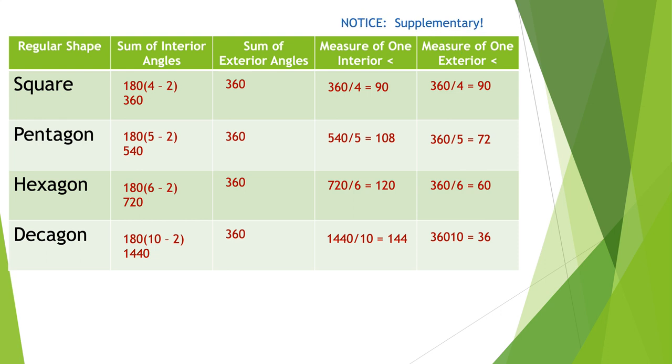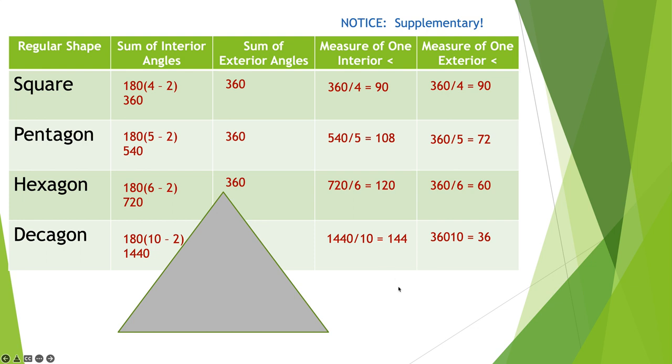Here we're going to emphasize the supplementary nature. Here's a triangle, and we said before that it's an equilateral triangle, and there's the exterior angle on the outside, well, there's your interior angle, and then your exterior angle is always supplementary to the interior angle.